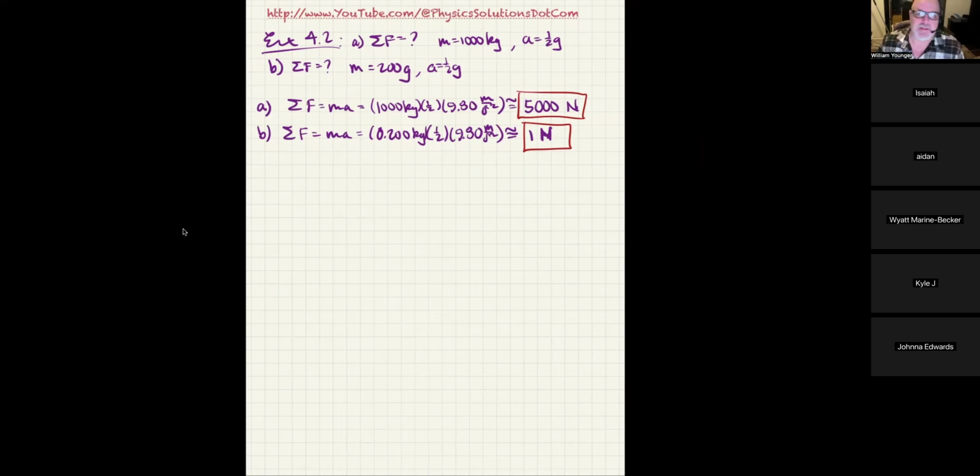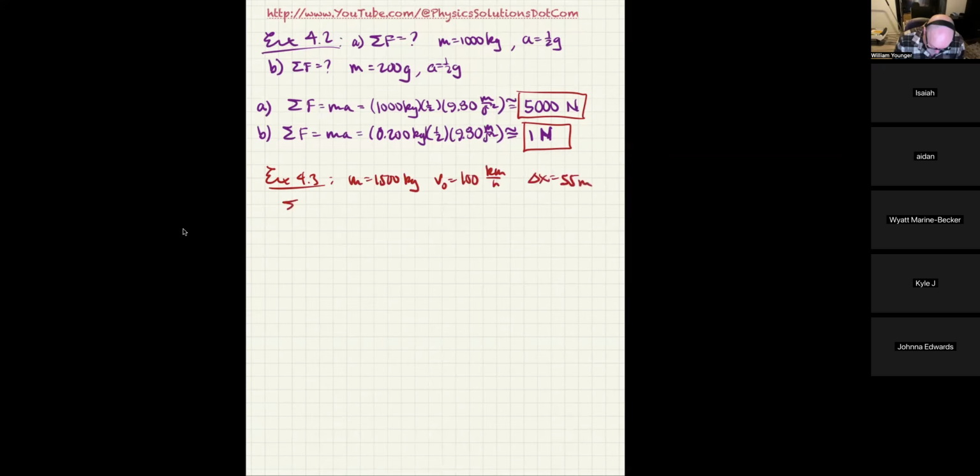I'm going to do quickly example 4.3. And this one says, what average net force is required to bring a 1,500 kilogram car to rest from a speed of 100 kilometers per hour in a distance of delta x equals 55 meters?